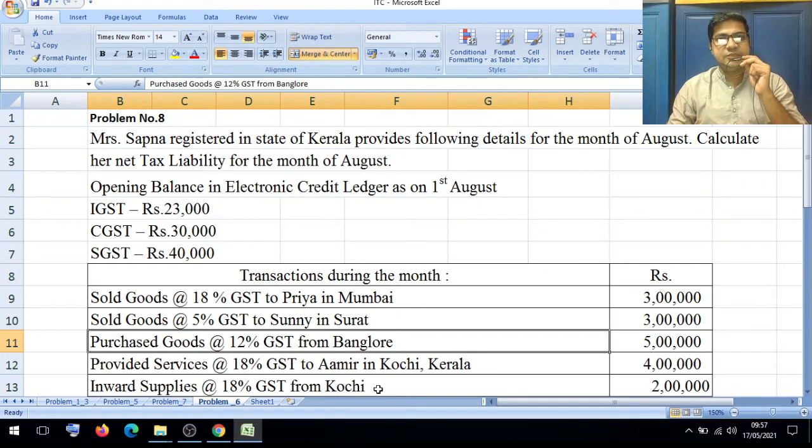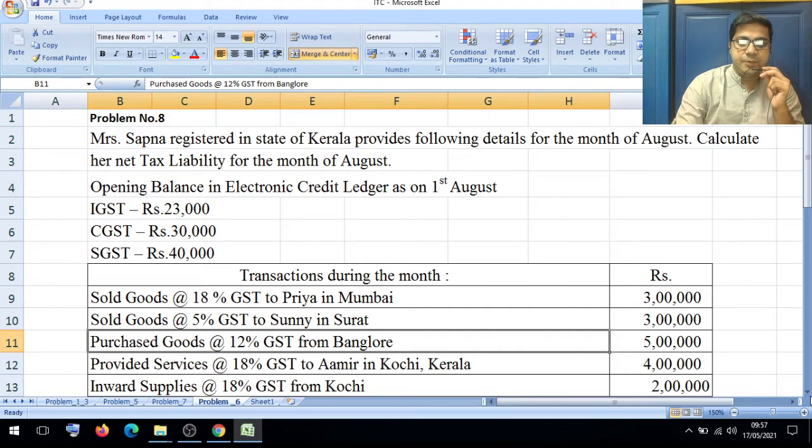Bangalore is a city in the state of Karnataka, and Kerala is a different state. It means she purchased the goods from Karnataka. It is called an interstate transaction. Whenever there is an interstate transaction, IGST is applicable.